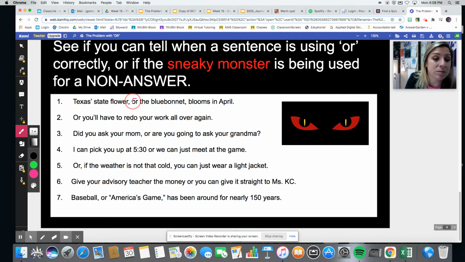I see that there's this word "or" here, but I also see that there's two commas. So if there's two commas, I would assume that this is an appositive phrase that would be describing a noun. Is "or the bluebonnet" describing the Texas state flower? Yes. Can I take it out? "The Texas state flower blooms in April." Yes. So this actually is correct.